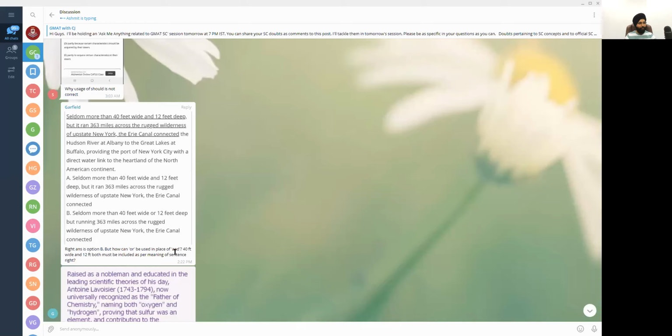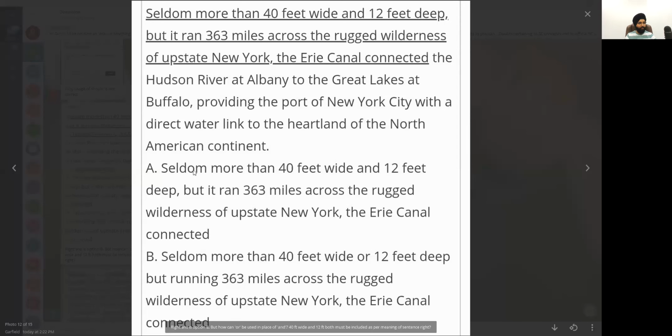How can "or" be used for 40 feet? Okay, so you are saying it's rarely, so there is a meaning difference here. Let me highlight it.